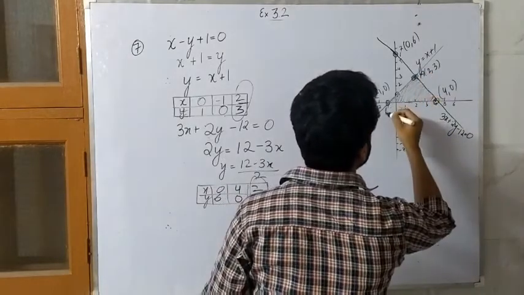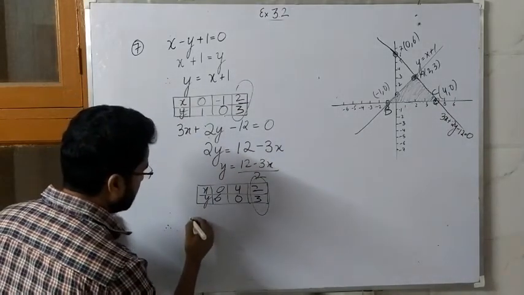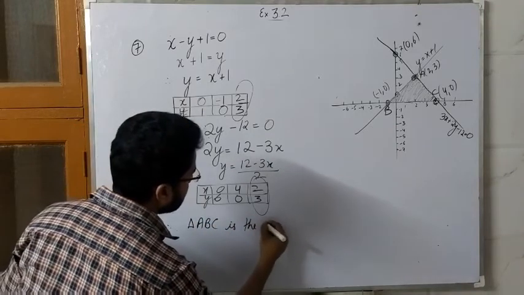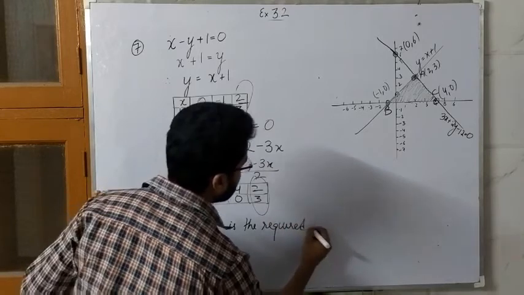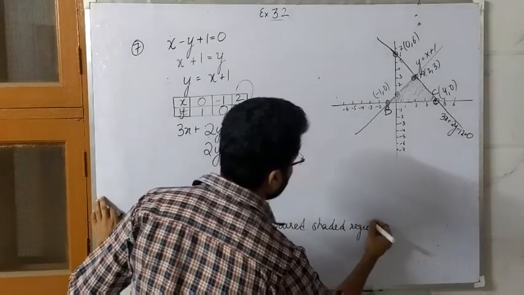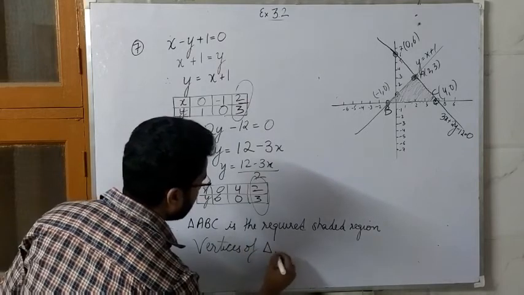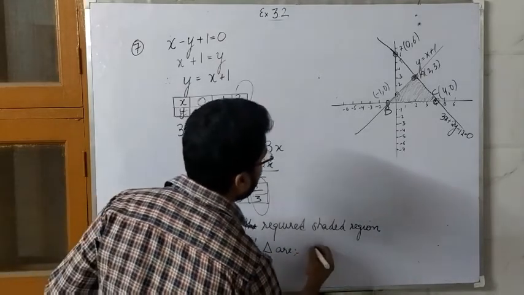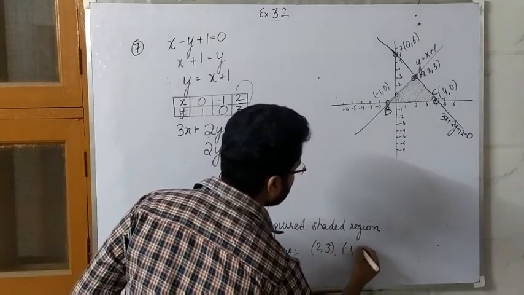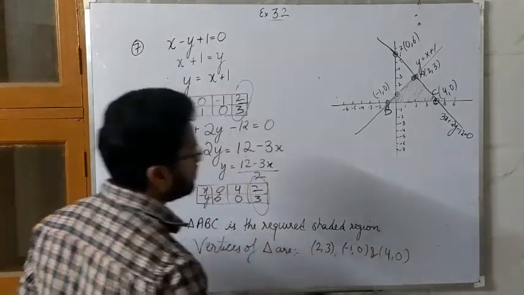Let's say this point is A, this point is B, and this point is C. So you will say therefore triangle ABC is the required shaded region, and you will tell the vertices of the triangle are 2, 3, minus 1, 0, and 4, 0, right?